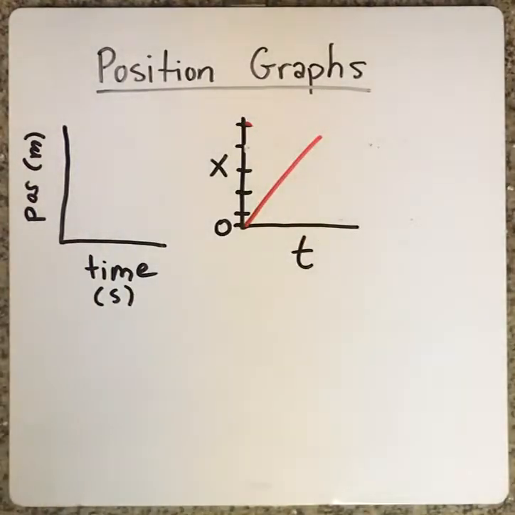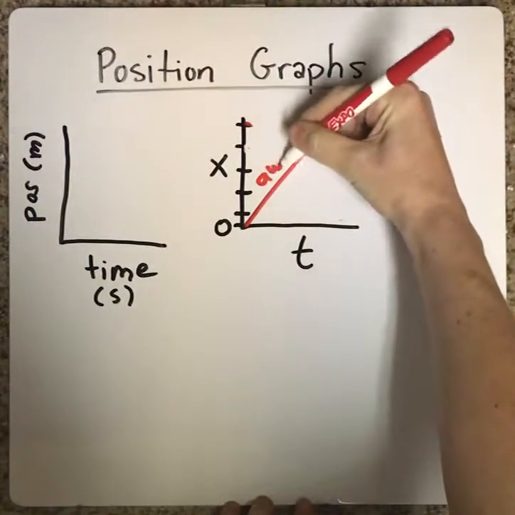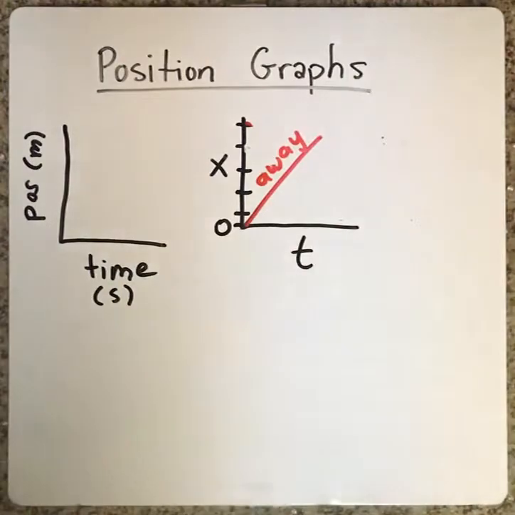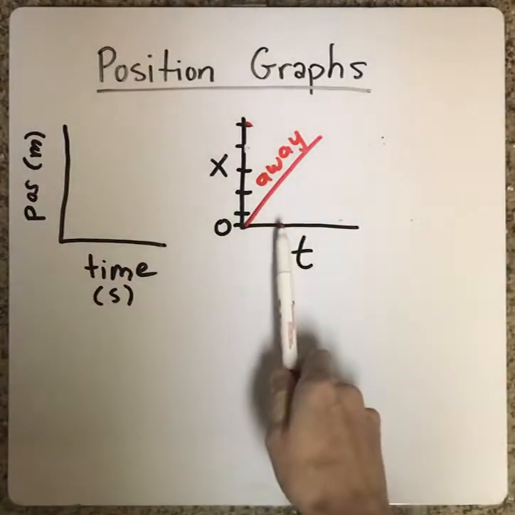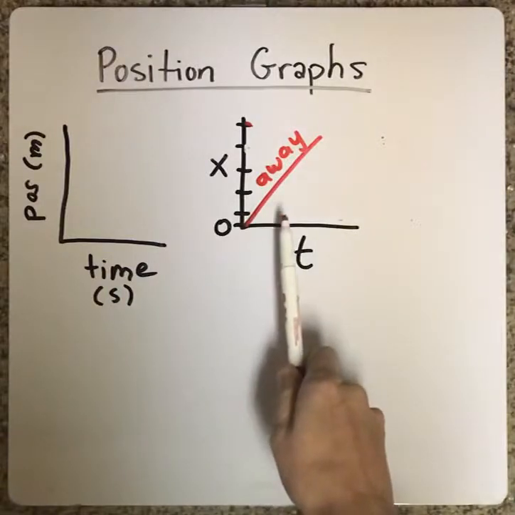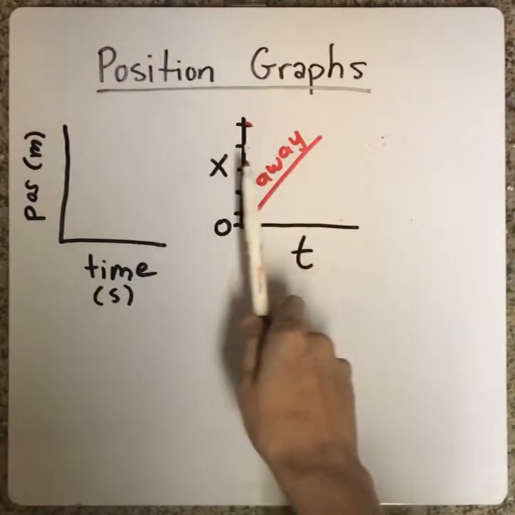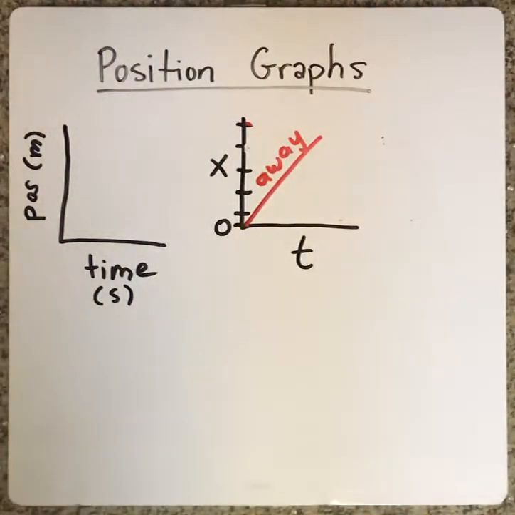If the graph slants uphill, that means that the object is moving away from the reference. Notice that it starts down low, which is near 0, but then as the graph progresses, we get higher and higher and higher up the vertical axis. That means we're getting further away.